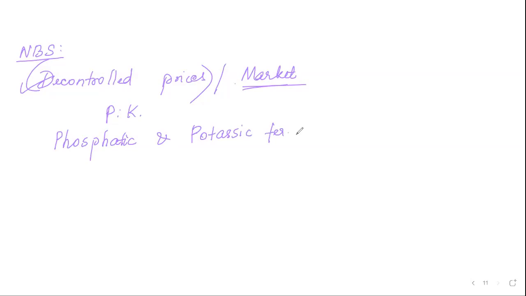Underline this: a fixed amount of subsidy decided on annual basis, depending on its nutrient content, and phosphatic and potassic. These things are important. It is more important for answering MCQs. So that's why I'm mentioning this.